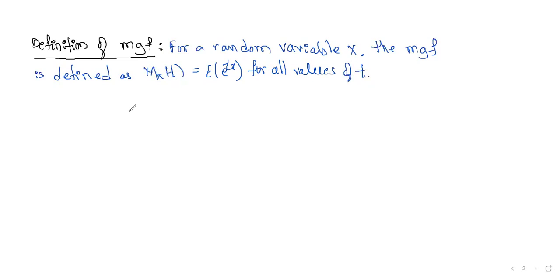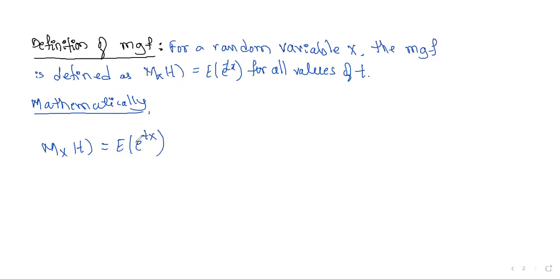We also have a mathematical definition. Mx of t, the moment generating function of x in terms of t, by definition is the expected value of e power tx, which is the summation of e power tx into p of x equal to x.